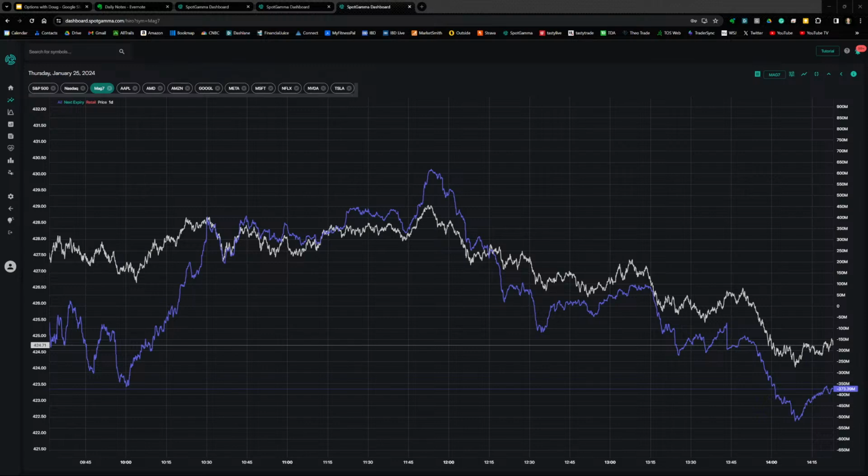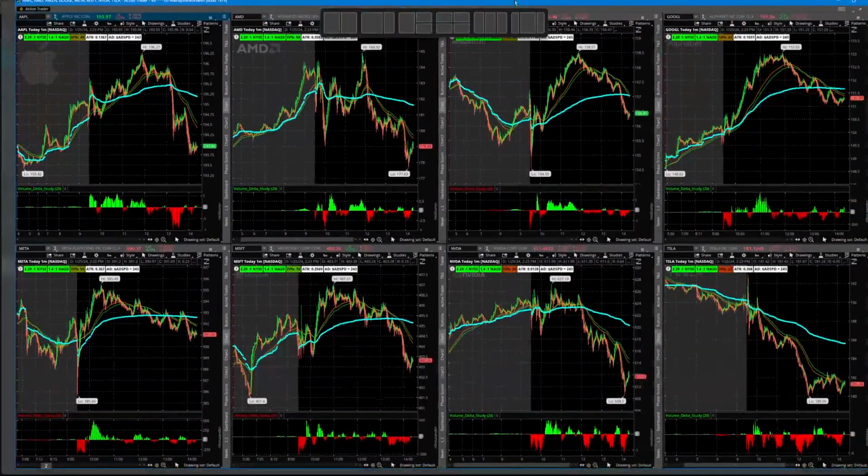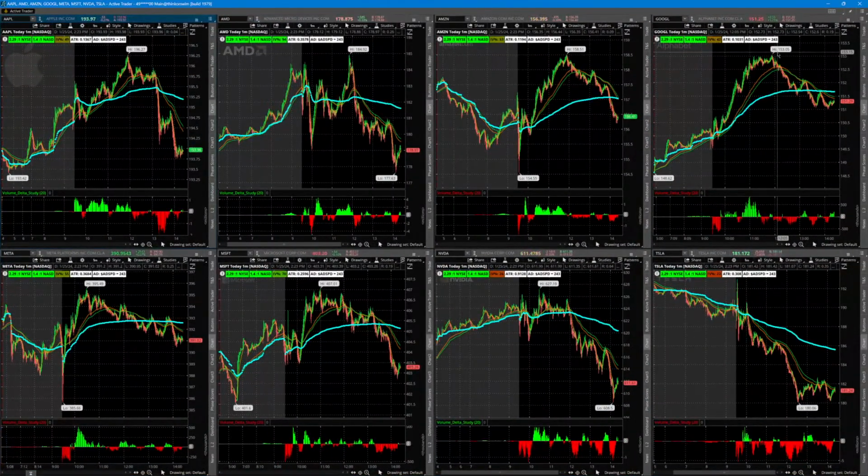This is a Thinkorswim chart that I have showing. This is Mag 7 plus AMD. I don't have Netflix on this chart, so this is all looking pretty bearish. All these stocks trending lower.